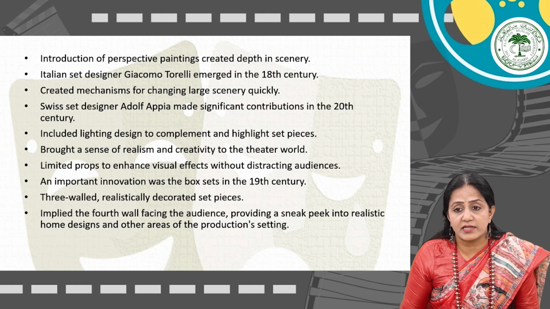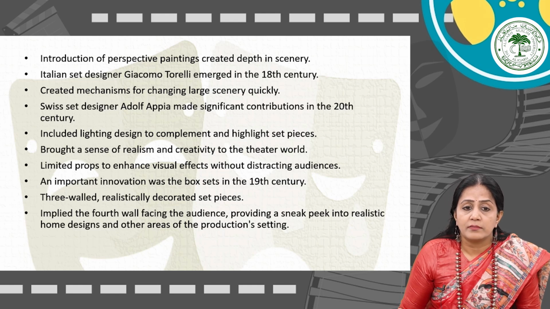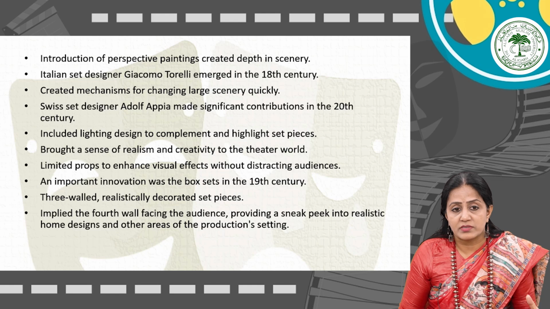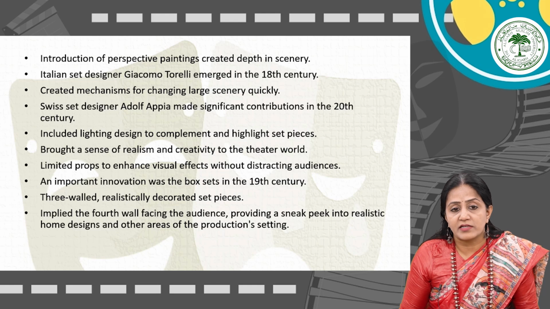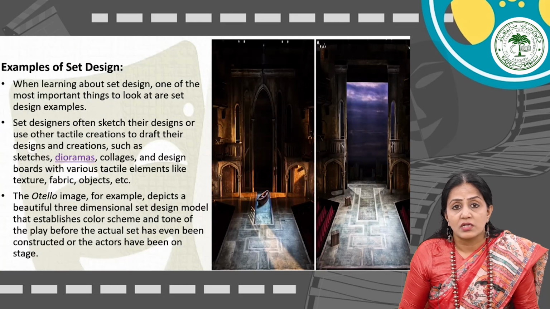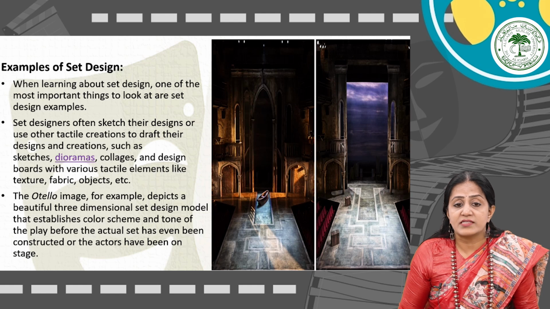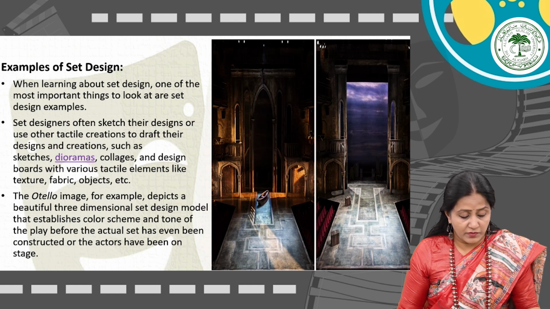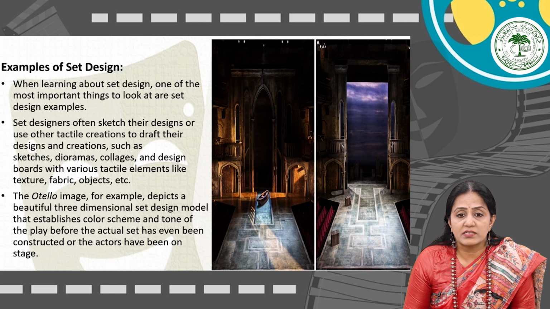When learning about set design, one of the most important things to look at is the kind of design examples. Set designers often sketch their designs or use other tactile creations to draft their designs, such as sketches, dioramas, collages, and design boards, and various tactile elements like textured fabrics. The pictures depicted here show the different kinds of perspective impacts that the set can create.